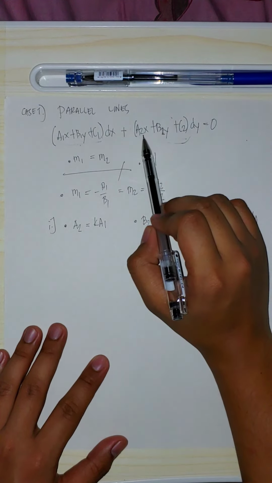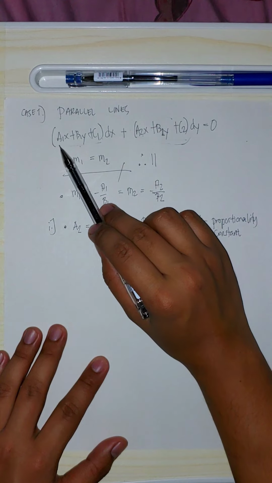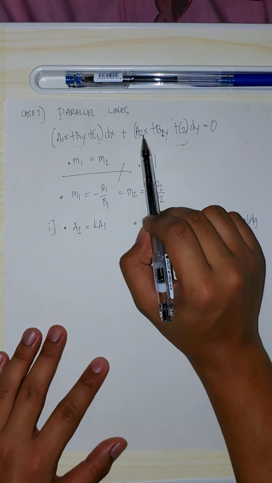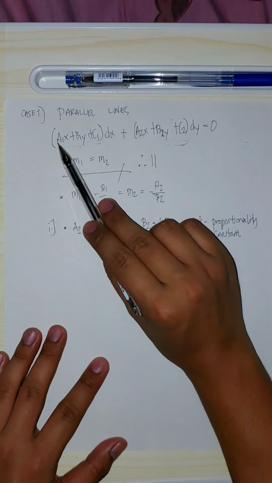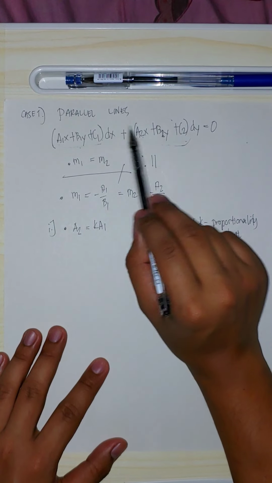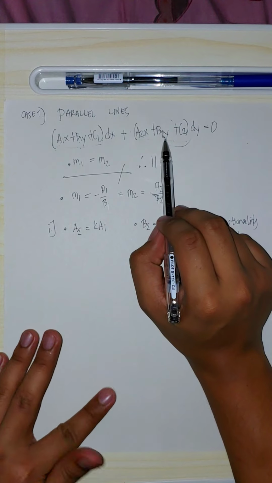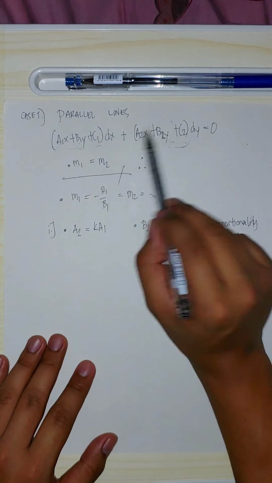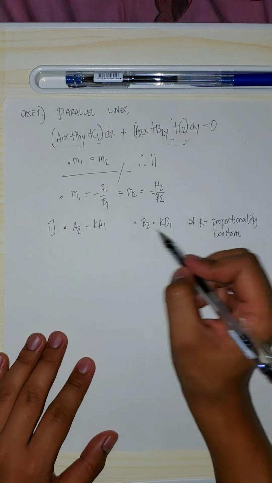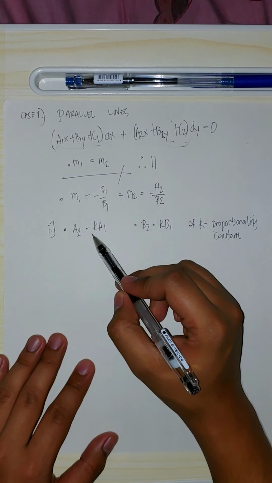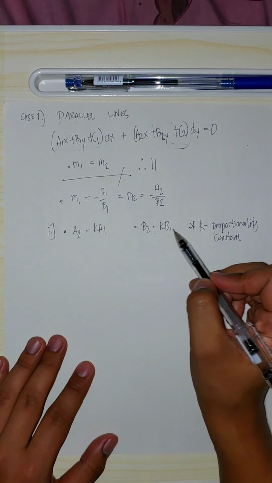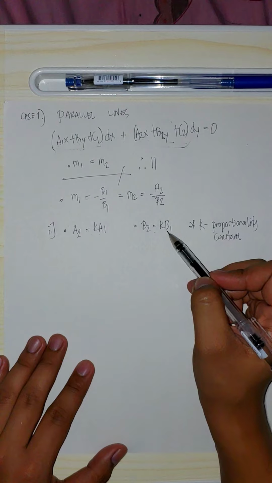So this constant A1 here and constant A2 here are just any numbers, but they have a relationship. They are proportional, these two equations. Also B1 and B2 on this side, B being the coefficient of y. So this is their relationship: A2 is equal to KA1, or B2 is equal to KB1.